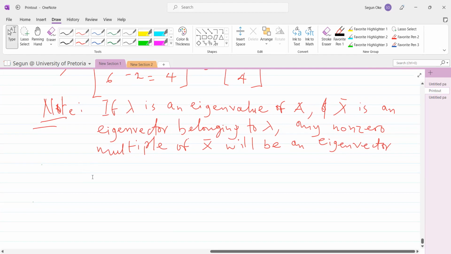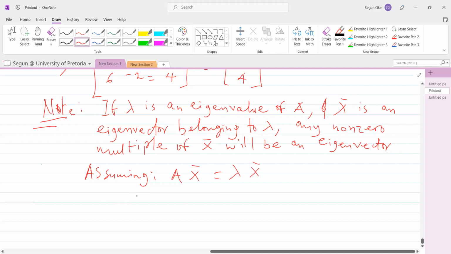Now let's look at this. It's just like assuming that A multiplied by x bar equals lambda x bar.